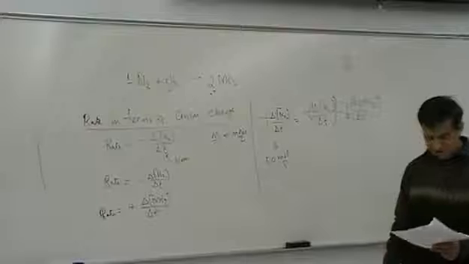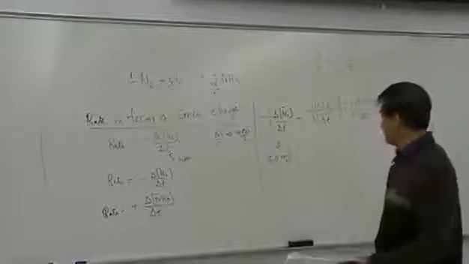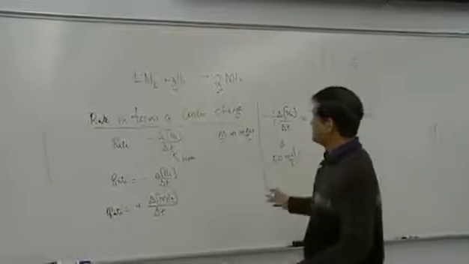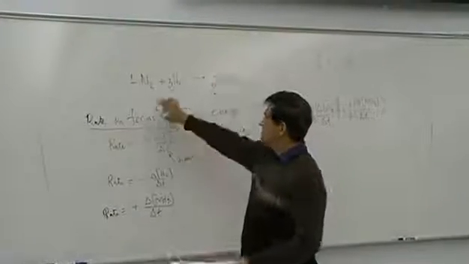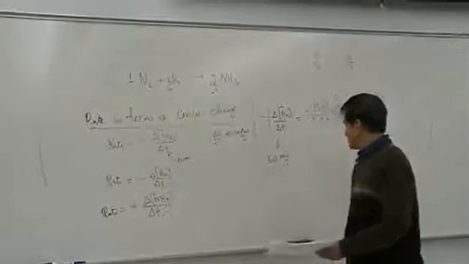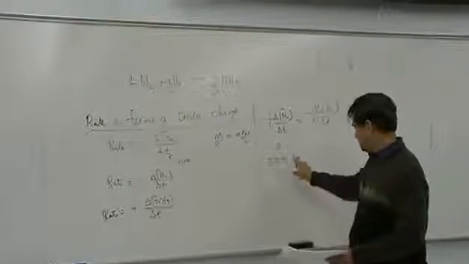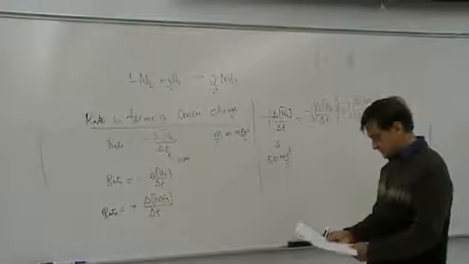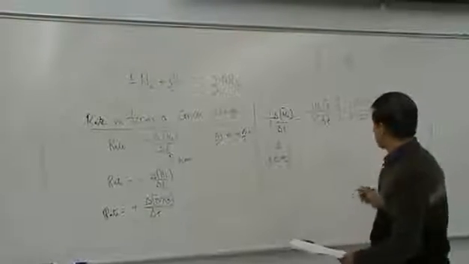Let's assume that in this reaction, nitrogen is disappearing at the rate of 5.0 moles per second. That means every second, 5 moles of nitrogen is reacting with hydrogen and giving ammonia. So that's the disappearance rate of nitrogen. Now the question is, if I know that, how would I calculate?